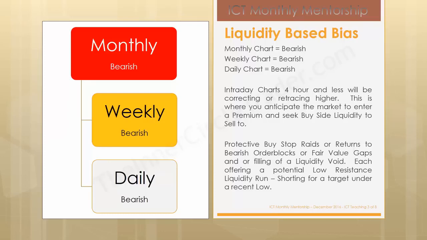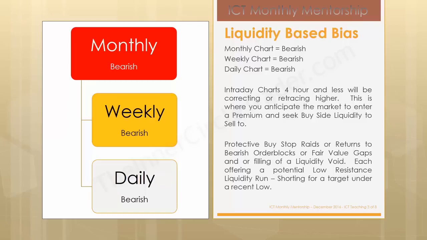Primarily, you're going to be trading in the direction of the monthly chart because that's where the large funds and institutional order flow is going to begin. And then it moves down into the weekly chart. Then it moves down into the daily chart. The daily chart is the most dynamic of these three time frames, and you'll see a lot more trades that actually counter long-term higher time frame institutional order flow.